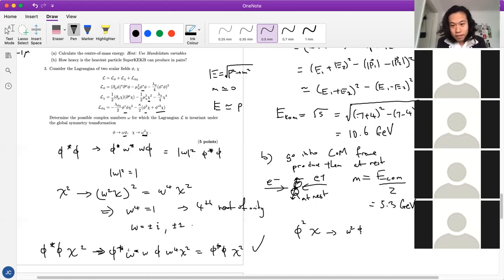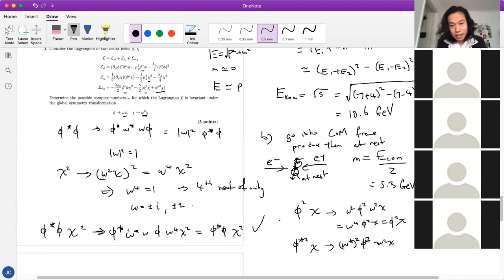Okay, so phi squared and then omega squared chi, and that equals omega to the 4 phi squared chi. So that is obviously fine as well. And then the last one, phi star squared chi goes to omega star squared phi star squared, omega squared chi.